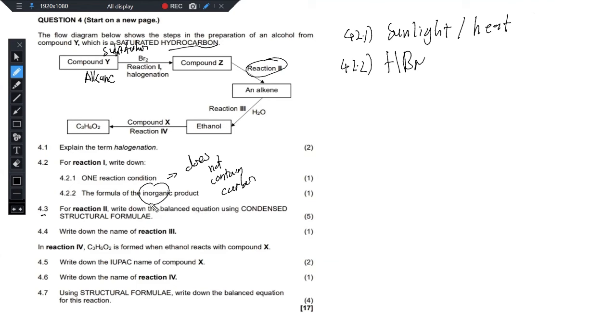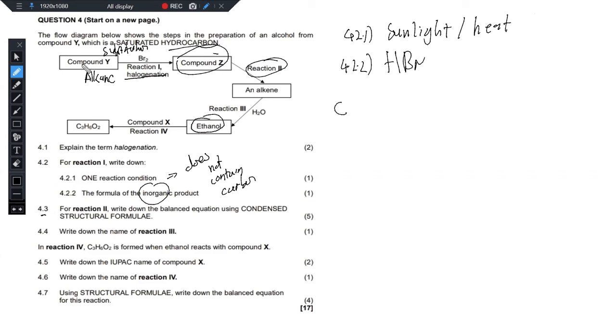Okay, so now this is a compound Z going to this. Remember, we did note that the compound Z that will form here has to be a haloalkane, because what we are performing here is a halogenation reaction. So the compound that should form, looking at this one, we can see that it forms ethanol.